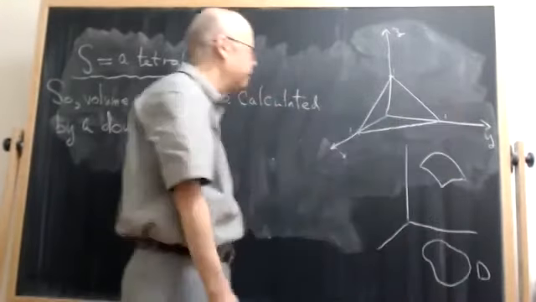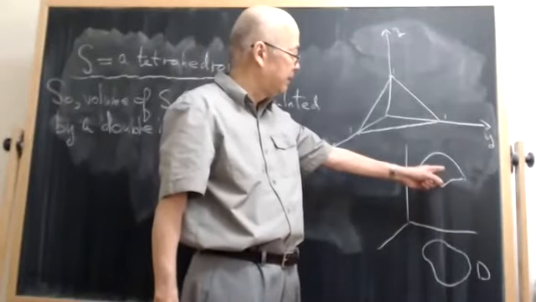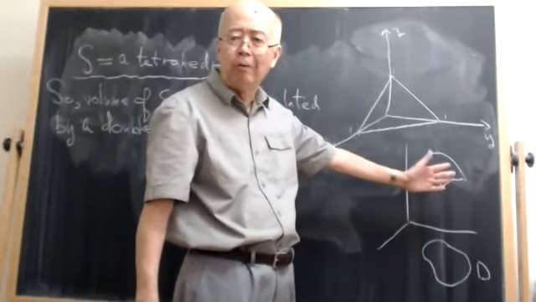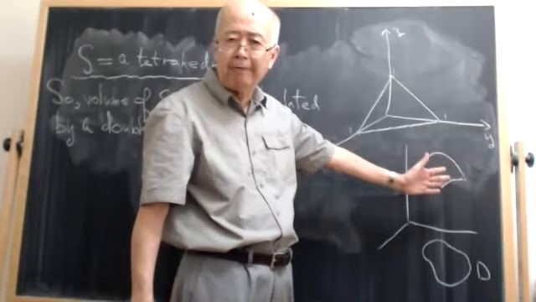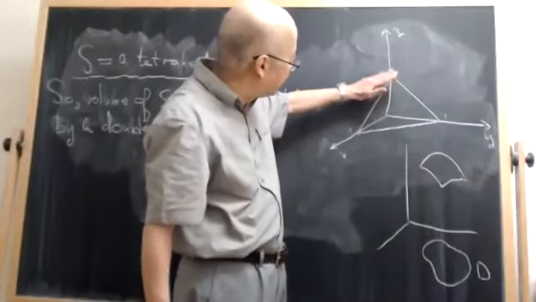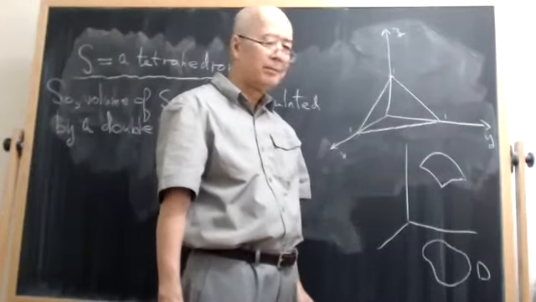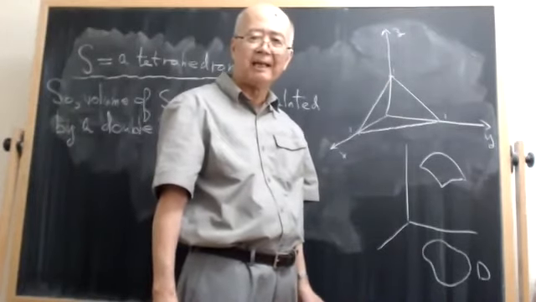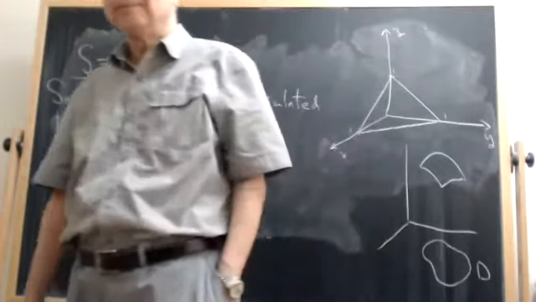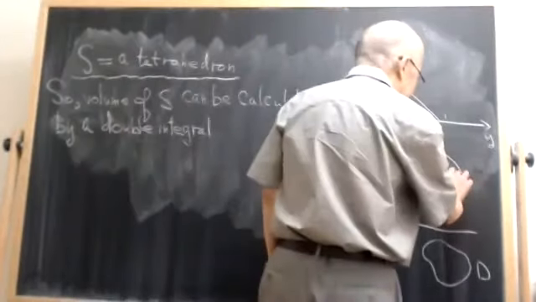And usually, this is the graph of a function of what form? Z equal f of x, y. So assuming that this is the surface S, then how can you get the function?